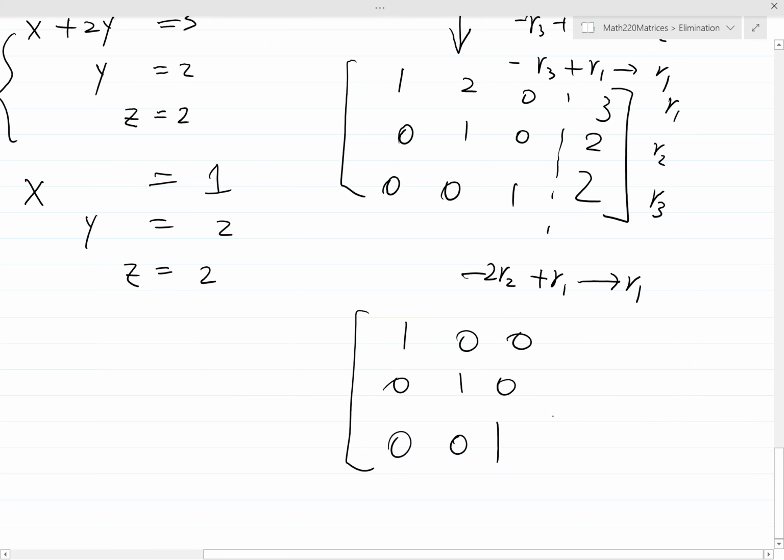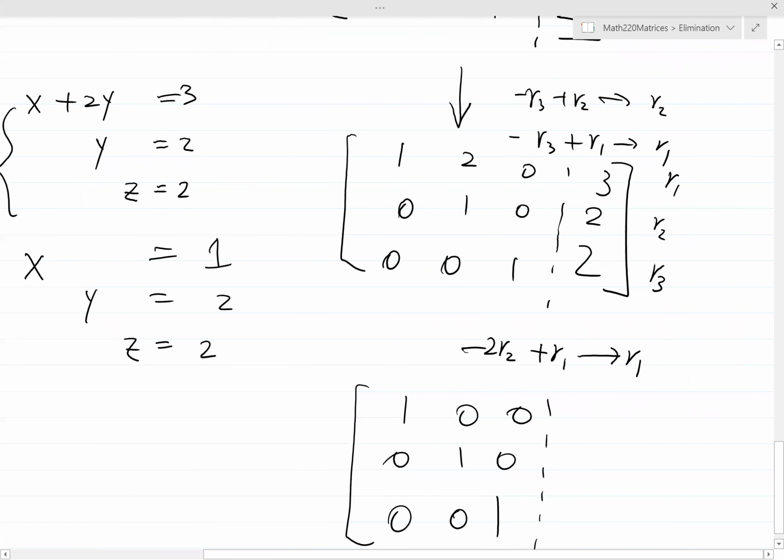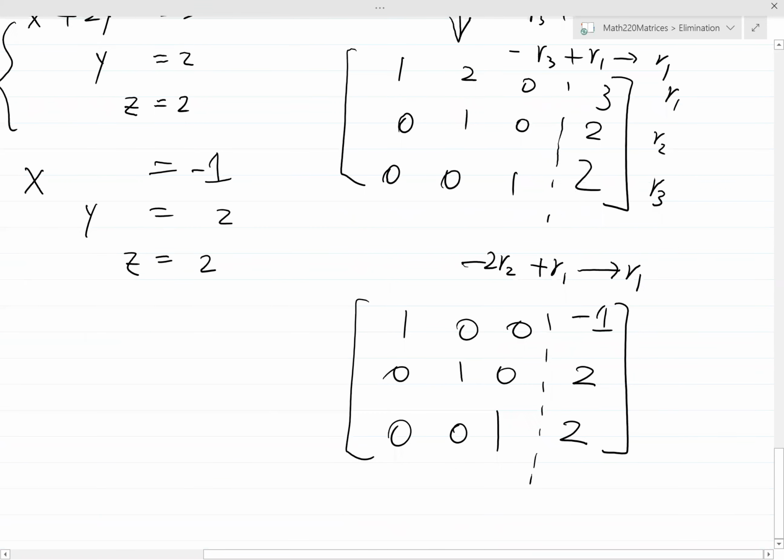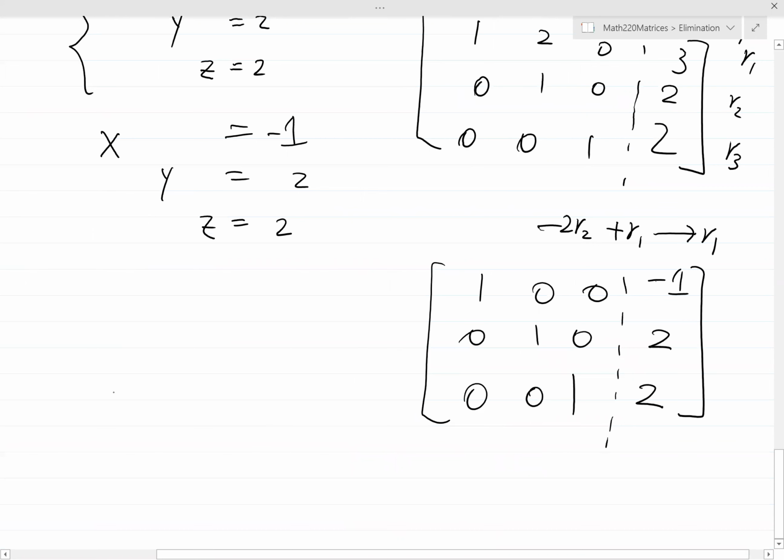Now this you get negative 2 times R2. So you get a 3. So here, sorry, it should be negative 1 here. Negative 1. This should be 2. This is 2. Okay. So finally you get a solution. x, y, z is negative 1, 2, 2.